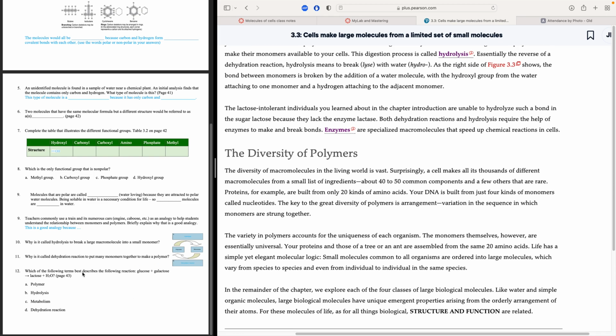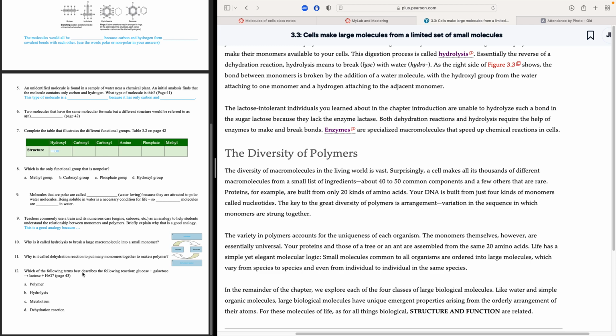For question number 12, water is over here on the right. Is that a product or a reactant? If something is on the right side of the arrow, it's a product. On the left are reactants. Remember that from the last unit? You had a question on the quiz on that?